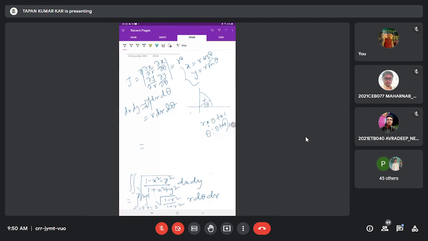So you can do it like this: theta equal to 0 to pi by 2 d theta, and r equal to 0 to 1 root over of 1 minus r square by 1 plus r square, r dr. You have to evaluate this one, and from your class 12 level, this integral is known to you, so you can do it, no problem. In this way, you have to evaluate.